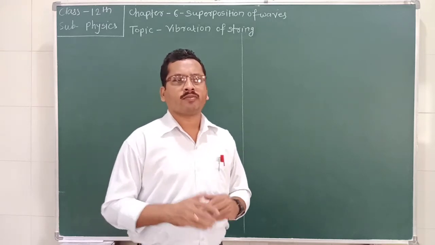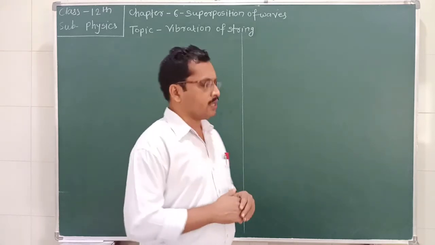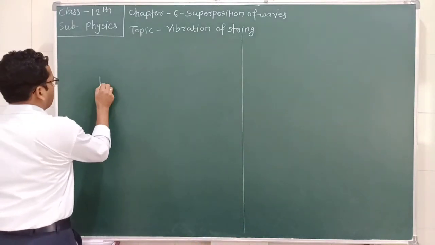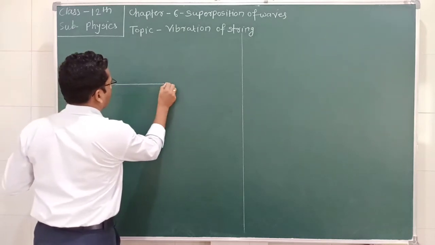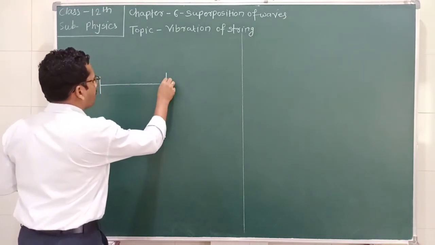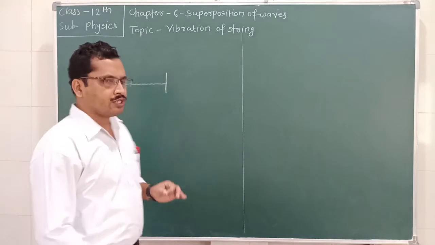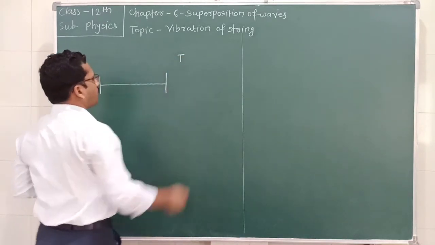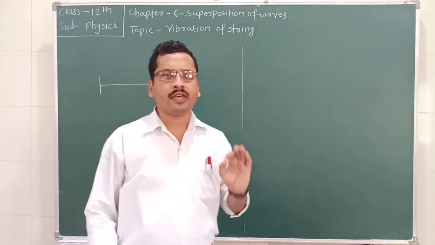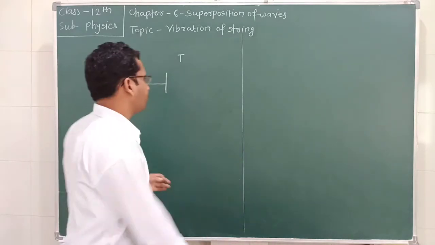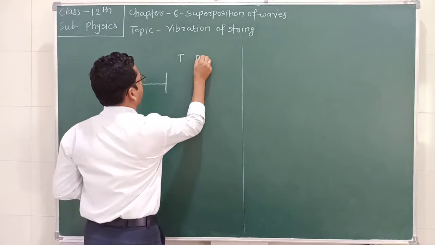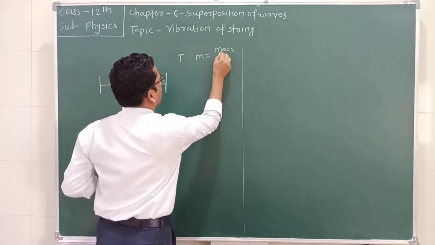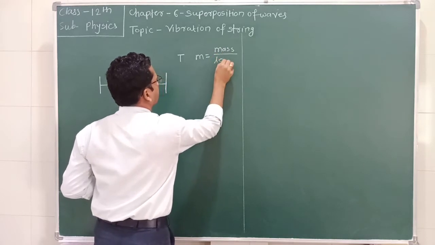Okay, so what is the vibration of string? Suppose this is a string which is stretched with a tension capital T and having the linear density M, that is mass per unit length.